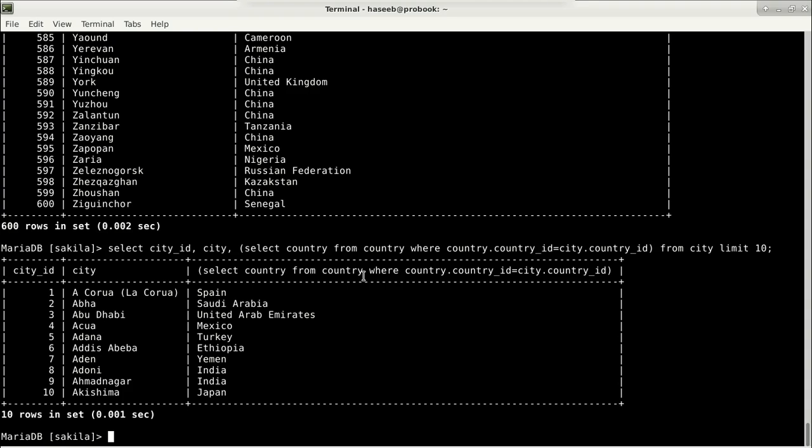If I want to use it in a where clause, yes, we use the subquery in a where clause when I want to select some columns from the result of another query.